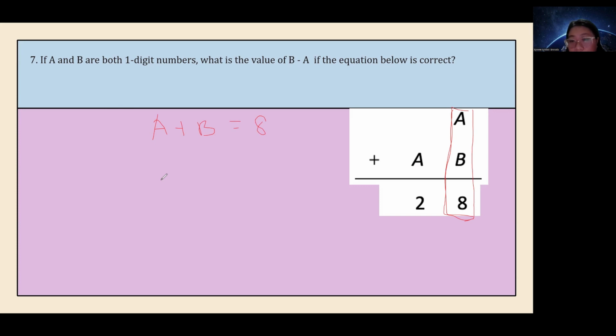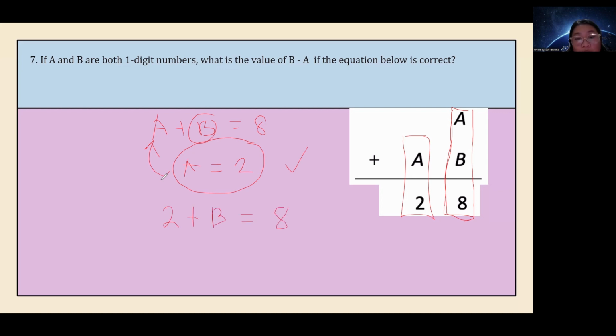And so if we go to the next column, you can see that A is just equal to 2. Okay, so this is somehow true because A is still a one-digit number. Now let's see if we substitute 2 here, we can still get a one-digit number for B. So we will replace A with 2: 2 plus B equals 8.